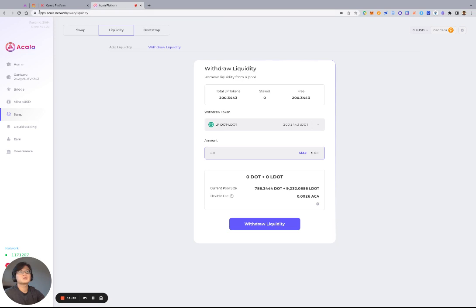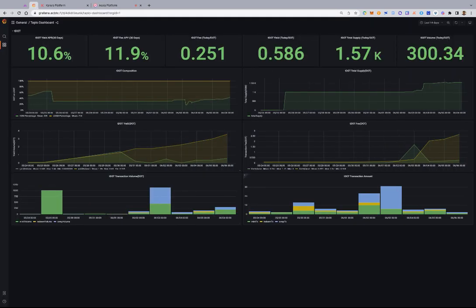So let's quickly shift over to the dashboard, because it helps us keep track of how the yield is being accumulated. Right now there are two components. There's the underlying yield from LDOT. You can see so far it's roughly 10.6%. And then the second part is from the fees. Fees is made up of swap fees as well as redemption fees, and it's roughly 11.9%.